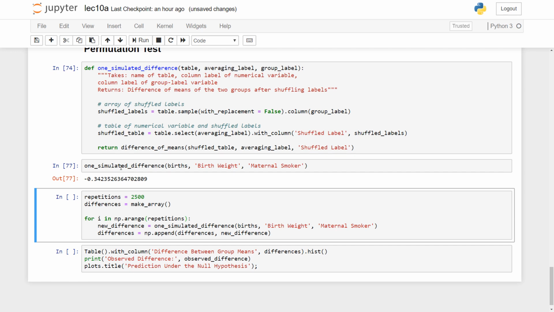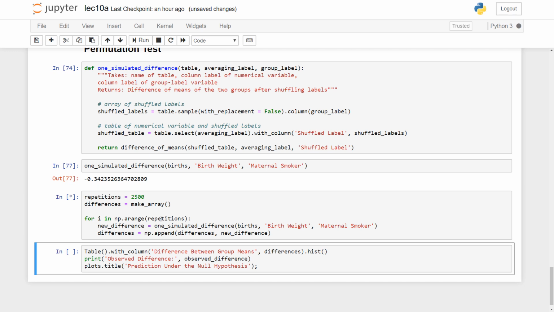Okay, and so on. So we need to repeat that multiple times as usual. I think this code now is very, very familiar to you. We'll do that 2,500 times, and we will plot the distribution. Of course, it will take some time because we are doing shuffling every time and computing the differences.